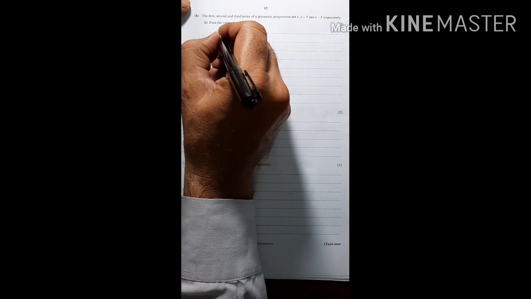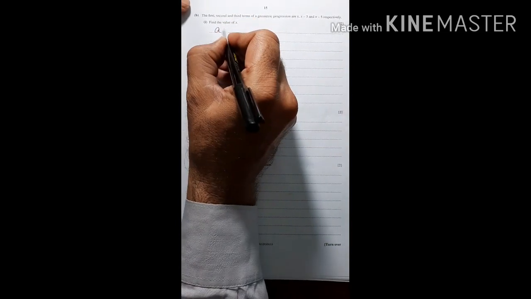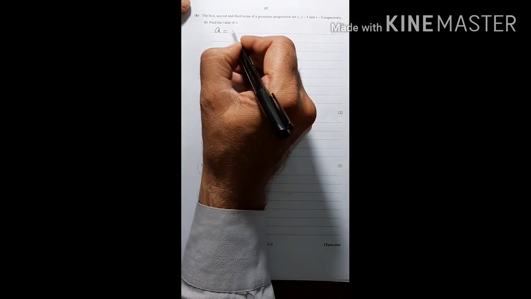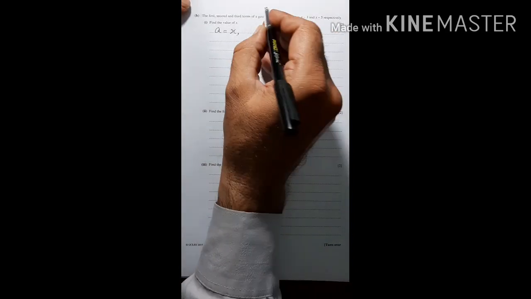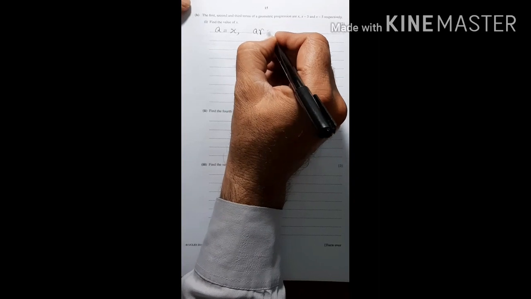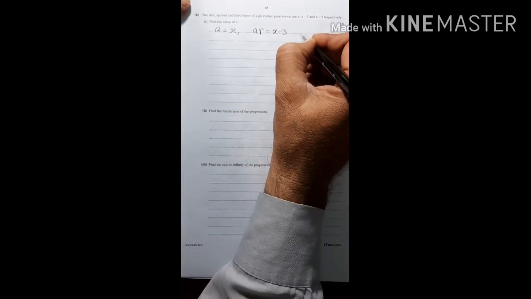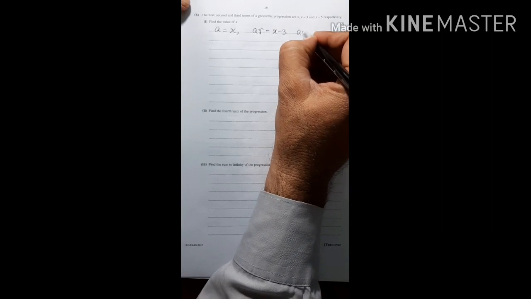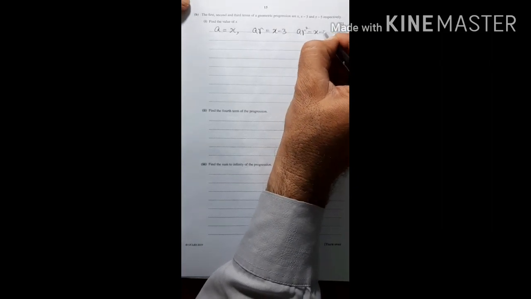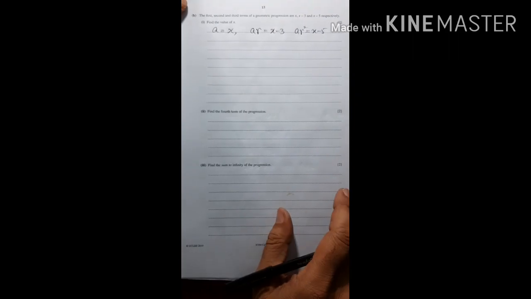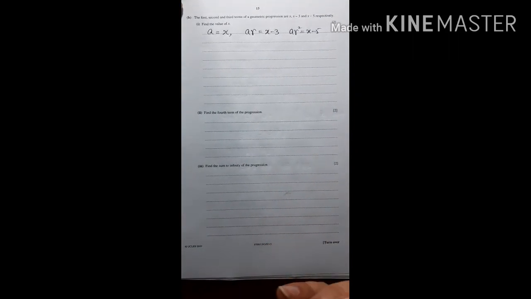So we know the first term is always a, which is x, and the second term is always ar, which is x minus 3, and the third term is ar square, which is x minus 5. So these are the first three terms of geometric progression.